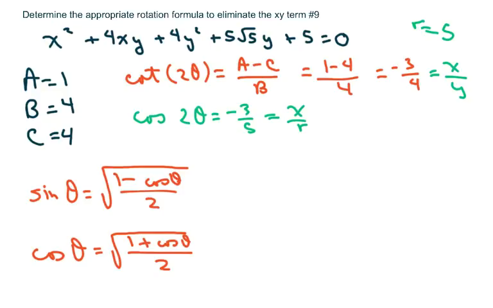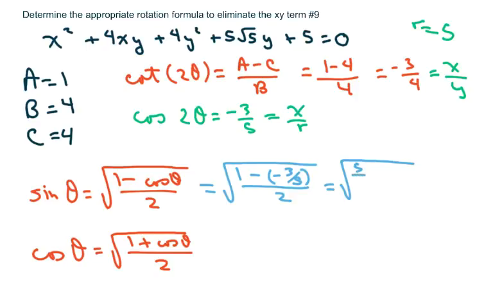So I'm going to try to write a little smaller here. We get the square root of 1 minus a negative 3/5, over 2. And I'm going to go ahead and change the 1 to 5 over 5.